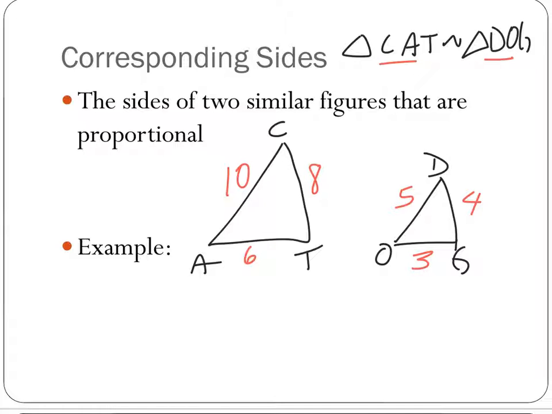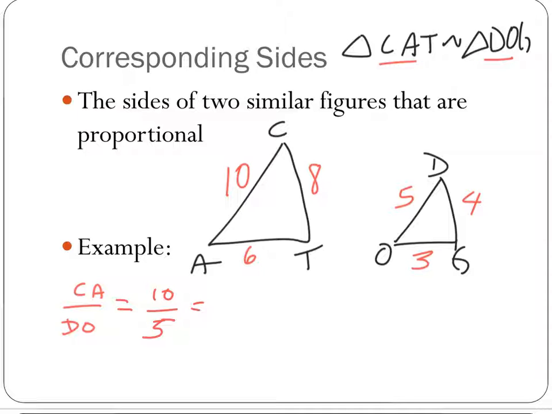And the way to figure out the proportion, by the way, you take corresponding sides and put them over each other. So I would say CA, right, is like DO, right, because those two sides match up. I've got my laser here. CA matches DO. And I could turn that into a proportion. I could very easily say, fine, that's 10 to 5, right?